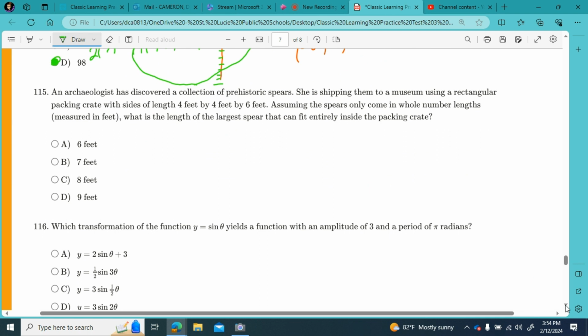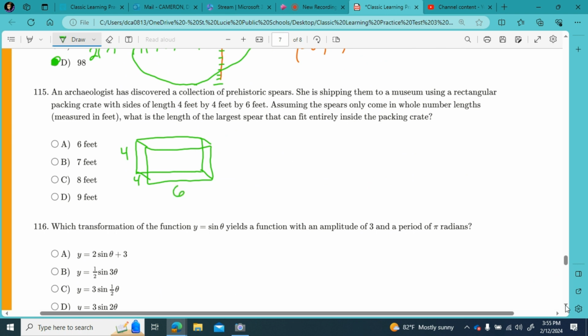So we have a rectangular prism, right? A rectangular box. So I'm going to draw my 2 rectangles and connect the corners. Okay, so the dimensions are 4 by 4 by 6.